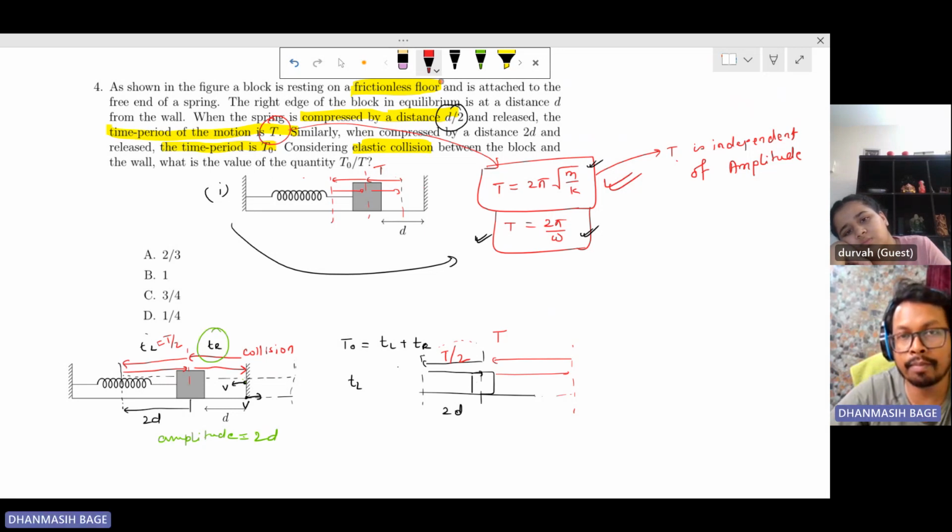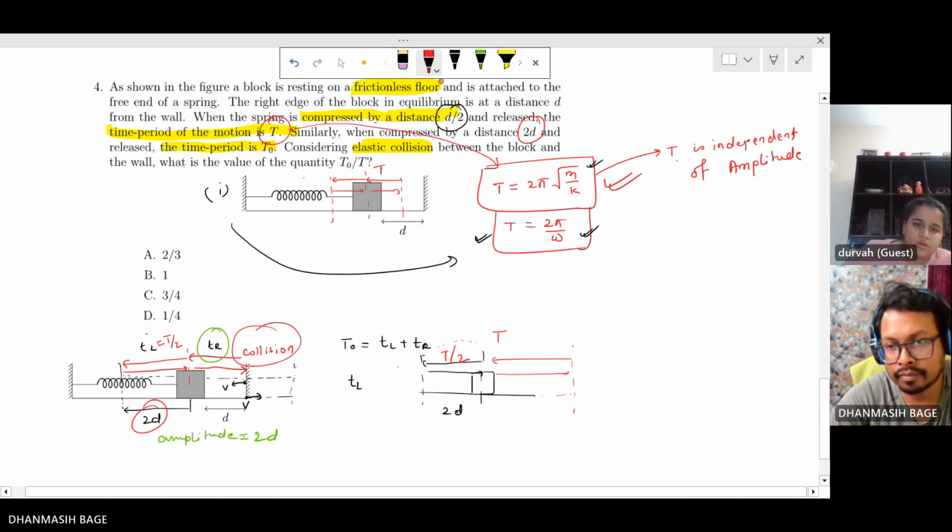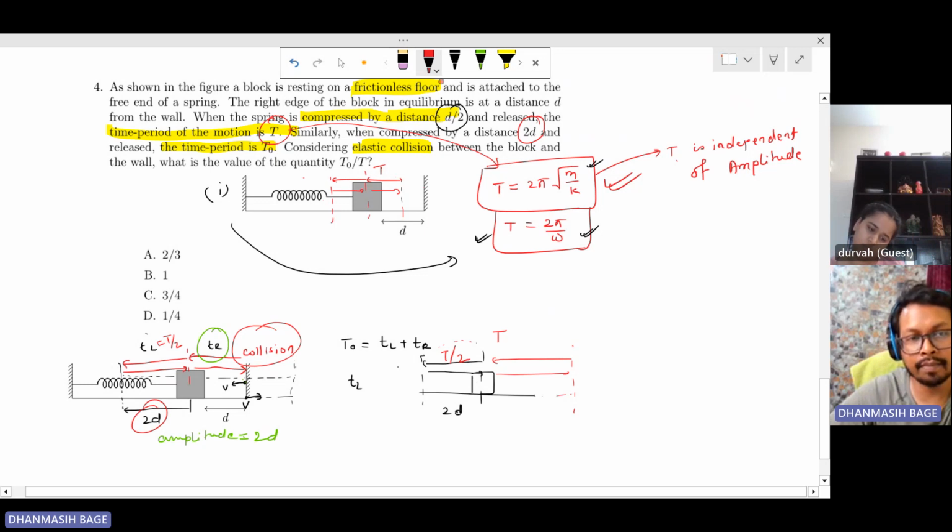But when you compress it by 2d amount, then during the left journey there is no resistance, but during the right journey there is a collision, right? So it says that during this time, the time period is T naught, and T naught is equal to, very simple, TL plus TR.